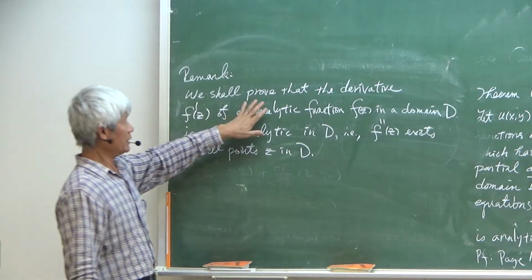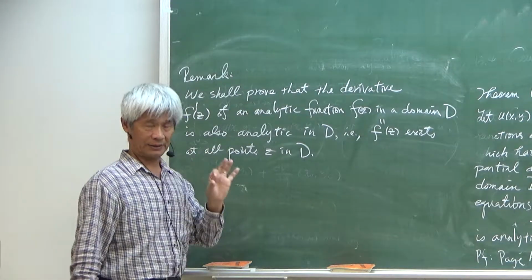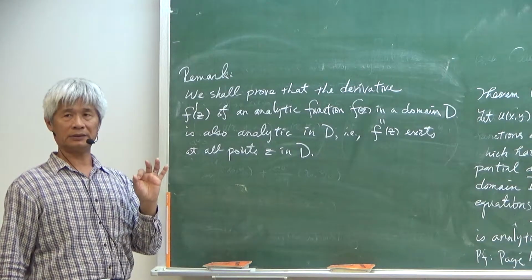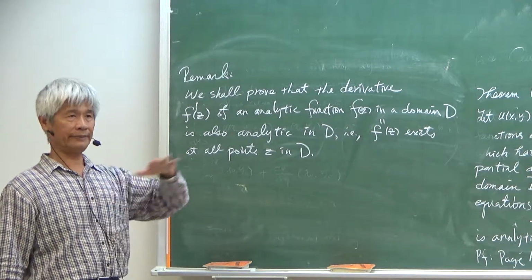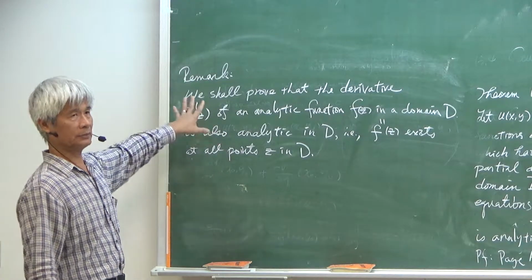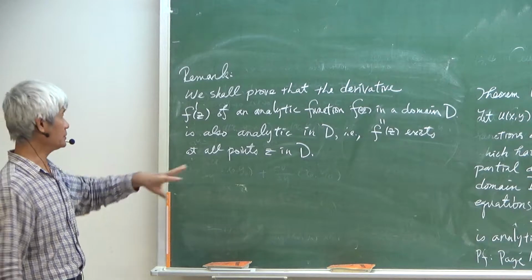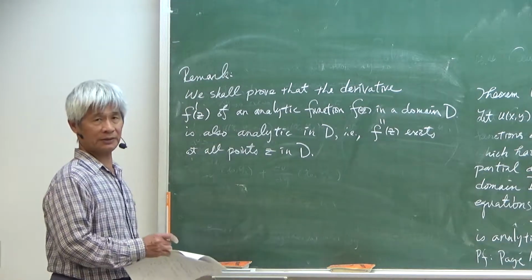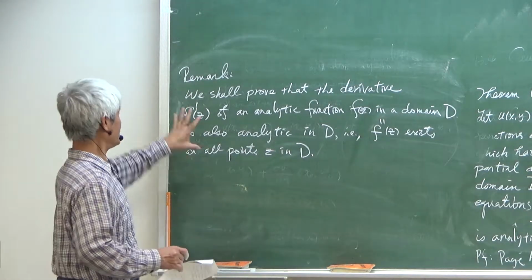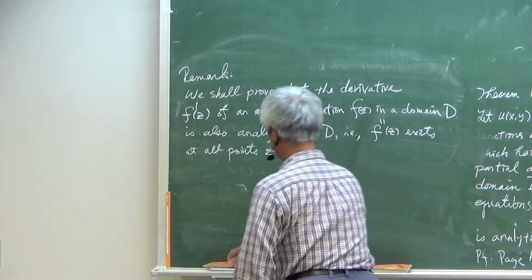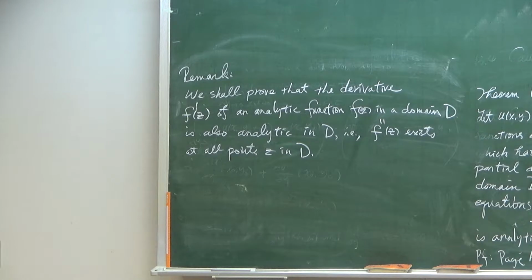So if a function is analytic, then f has derivatives of any order. We will prove this, and it needs some manipulation, in later chapters. But here I just make such a remark, because we need to write down a theorem which is very interesting.